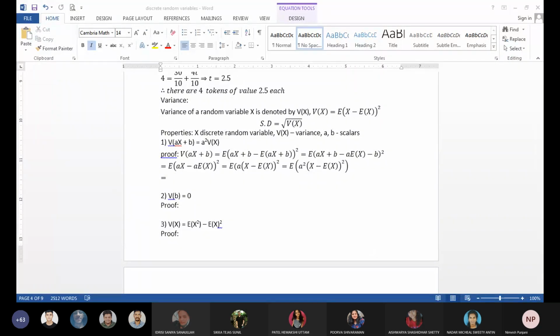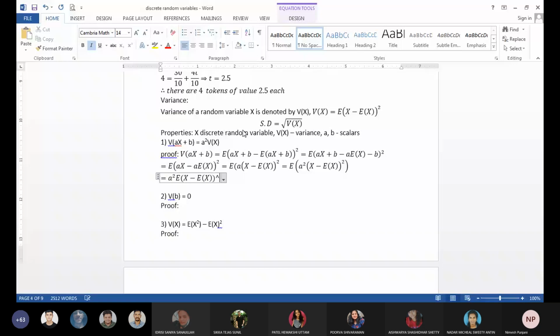Again, use the property of expected value and tell me what you will get. So we can use E of x into E of y. Using the property of expected value, that a square I can take out.